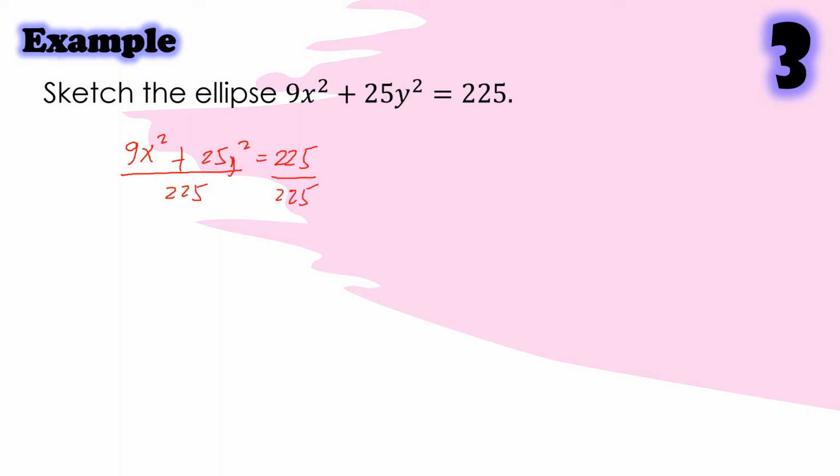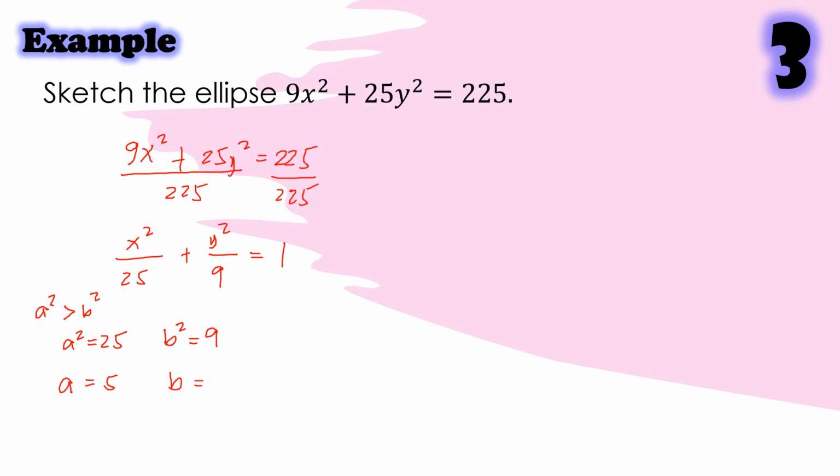We will have x squared over 25 plus y squared over 9 is equal to 1. Since a squared is greater than b squared, we have a squared is equal to 25 and b squared is equal to 9. Hence, a is equal to 5 and b is equal to 3.